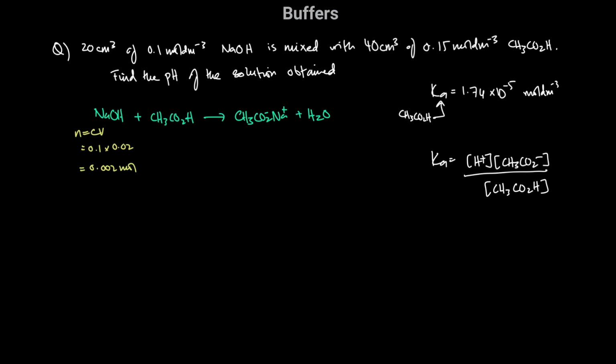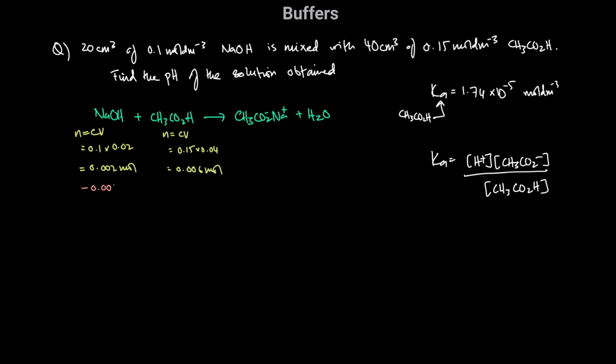Similarly, we can find the number of moles of ethanoic acid: concentration times volume, so 0.15 times 0.04 decimeter cube, that's 40 cm cube, which is 0.006 moles. These two react in a 1:1 ratio, so ethanoic acid is in excess because all the NaOH will react.